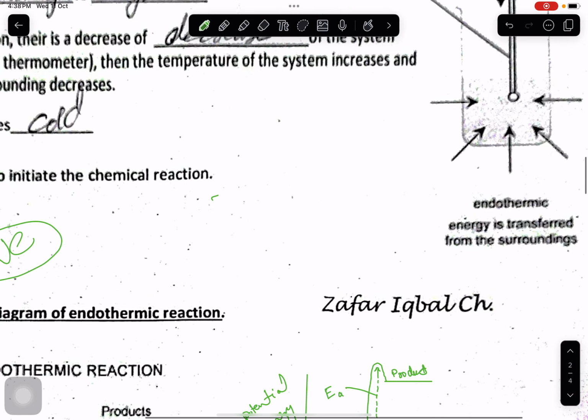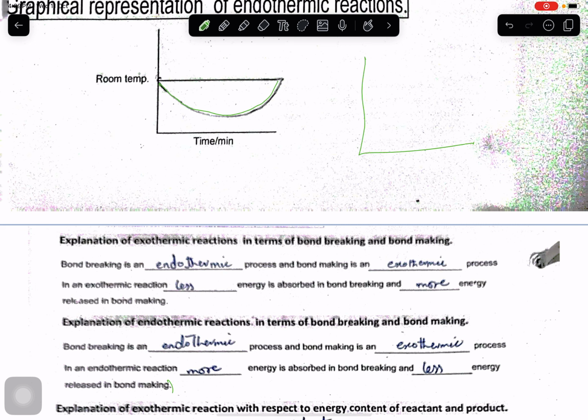So high energy is required to start these reactions, and this one is delta H, which is always positive for endothermic reactions. Okay, I hope it's clear to you. The graphical representation is also the opposite of exothermic. In exothermic it was like this, but in endothermic it is like this. So these are opposite.